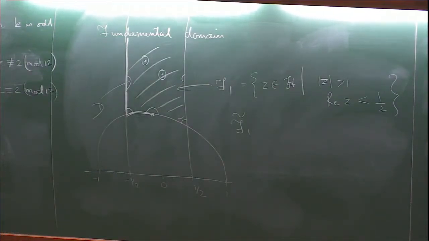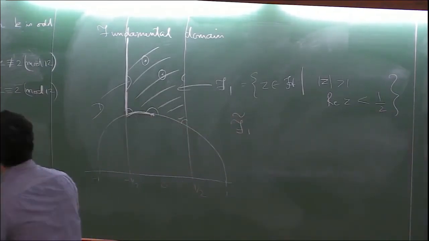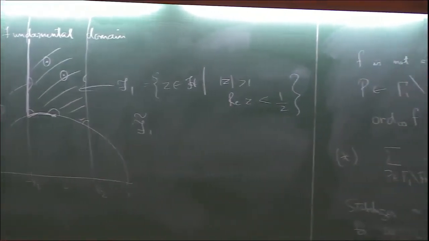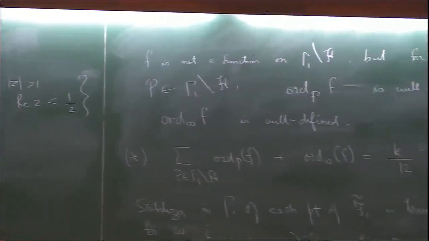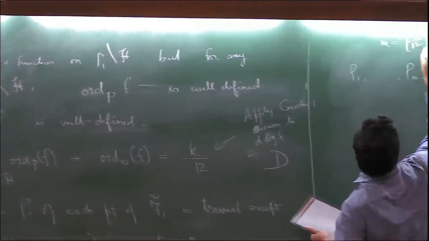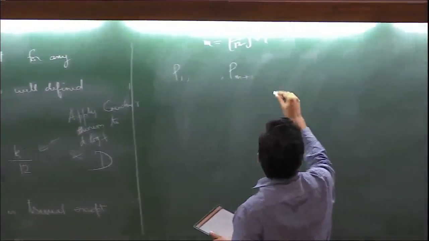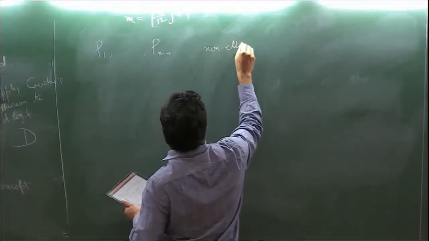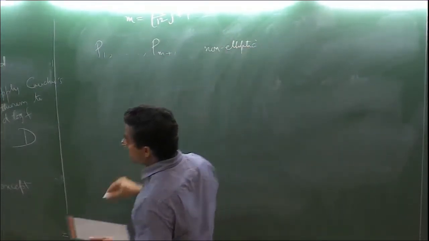All right. So assuming this star, how do I get the inequality? So I take some points p1 up to pm. What is m? m is this number k by 12 plus 1, non-elliptic, which simply means that it's not in the orbit of omega or i.